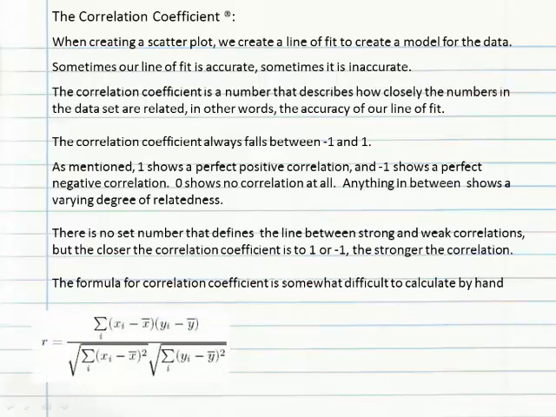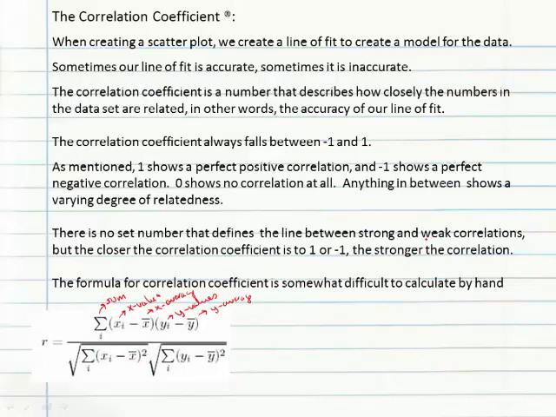As you can see, this symbol is the sum of all of the x values minus the x average times all of the y values minus the y average, divided by the square root of the sum of all of that squared times the square root of the sum of all the y's squared.